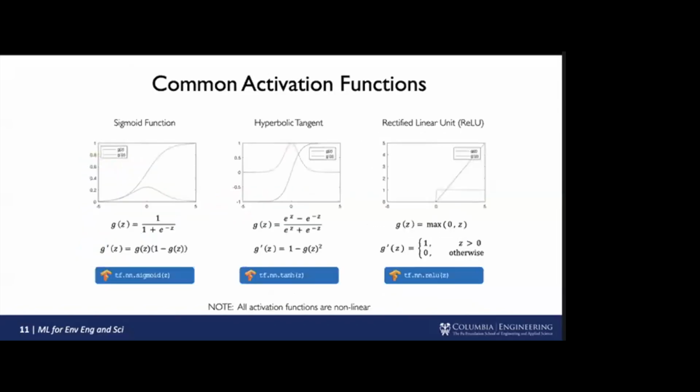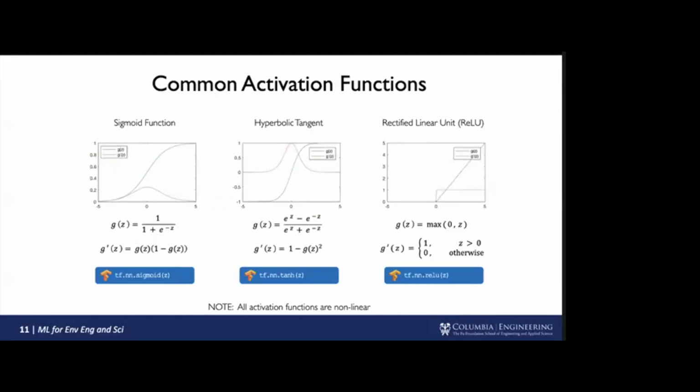Now let's have a look at the different activation functions shown in this slide. These are three common activation functions you will see later in the lab and when training neural networks. The left one, again, is the sigmoid function. It maps input to values between 0 and 1.